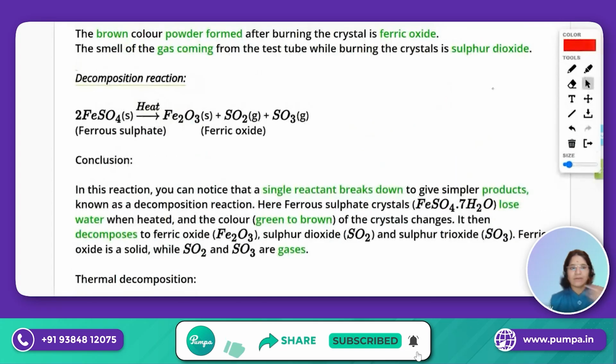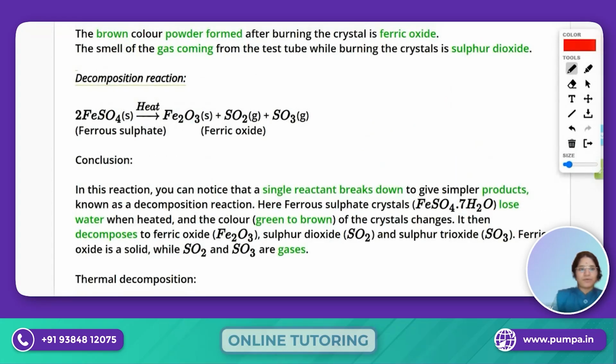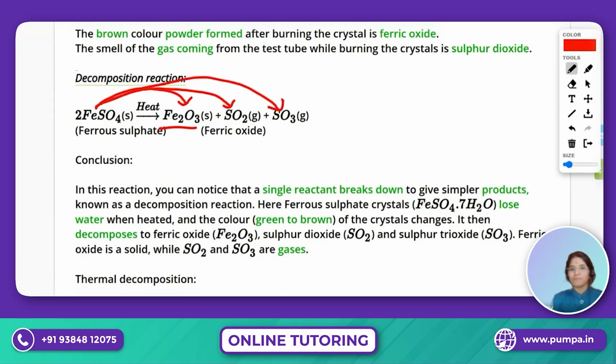Okay. So now the ferrous sulfate, FeSO4, is being converted into Fe2O3. Ferric oxide உங்களுக்கு convert ஆகுது. இந்த ஒரு single substance, 3 different simpler substances ஆ it is breaking down. Ferric oxide, sulfur dioxide, sulfur trioxide.